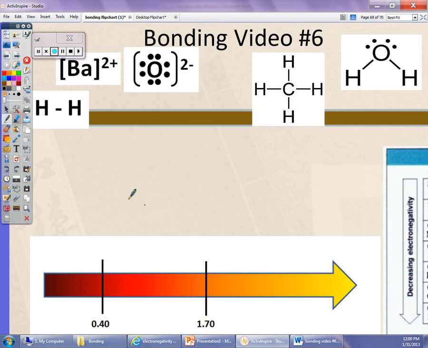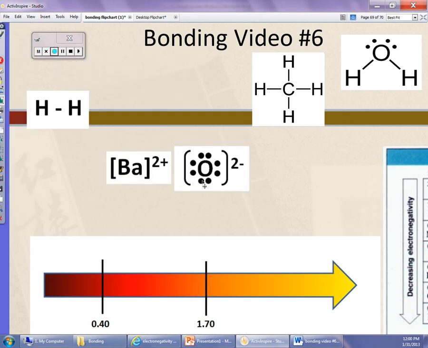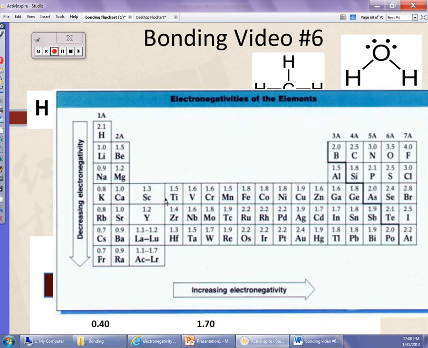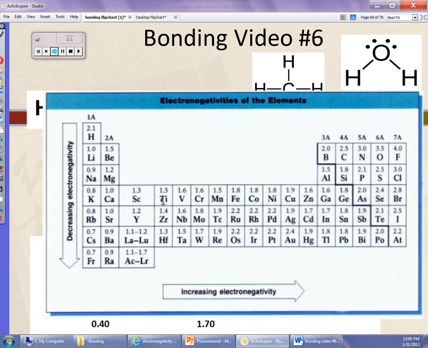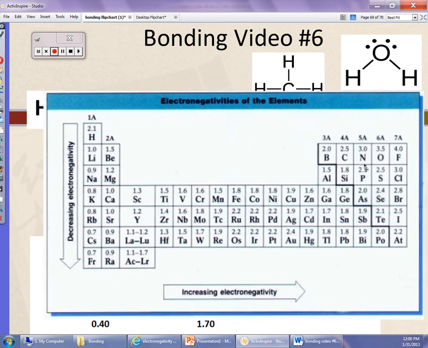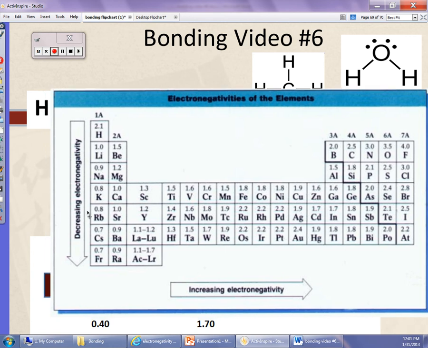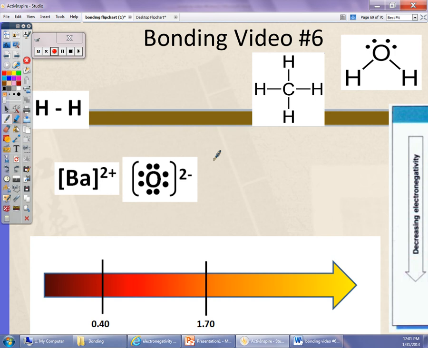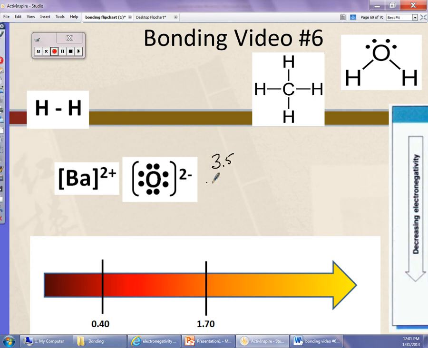Let's do some examples with this. Starting with our first one, barium oxide. If we take a look on our periodic table, we can see what the electronegativities are for barium and for oxygen. So oxygen's 3.5, barium is 0.9. So 3.5 minus 0.9, we get a difference of 2.6.